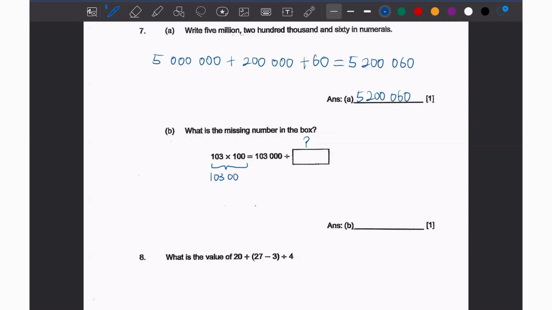Okay. Since my left side will be equal to my right side, 103,000 divided by blank will also give me the answer of 103,000.